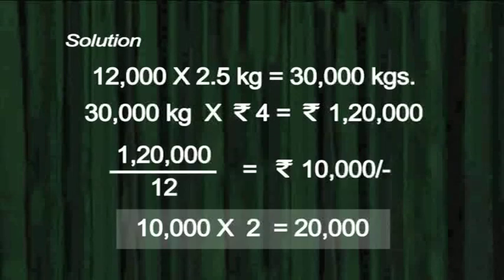Now we need to multiply this 10,000 by average raw material storage period, which is given as 2 months. So the final figure will be 20,000. So this way we have computed the estimated requirement of raw material using this formula.